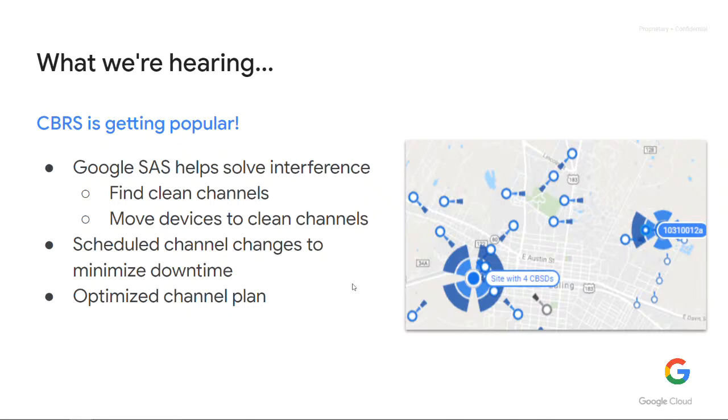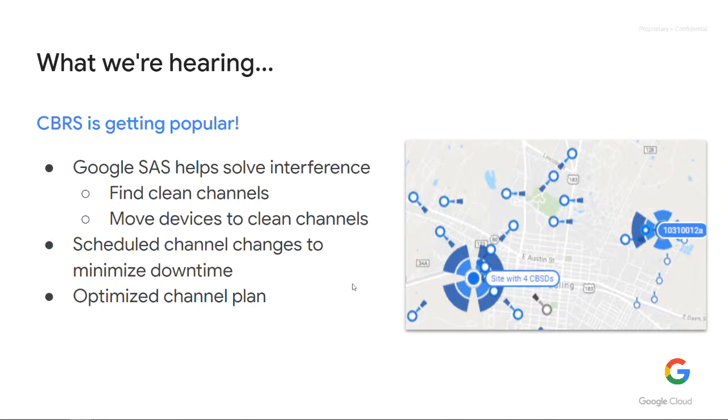And so what we're seeing is people, operators, our customers need to optimize. They need the SAS to help them find the right channels. And now, with these features we're unveiling today, the SAS can also help you move to those channels on multiple devices at the same time. And I'll show you how that works.